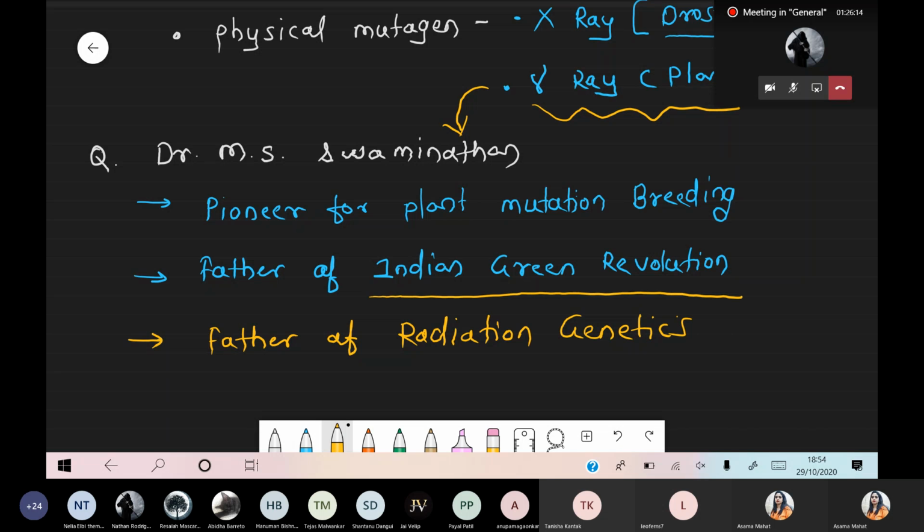Rays are definitely harmful, but now we have to purposefully create some changes for crop improvement. All this study was done by Dr. Swaminathan. So he is the father of plant mutational breeding, meaning purposefully inducing mutation for crop improvement. Use of induced mutation for crop improvement, this technique is simply called mutational breeding.